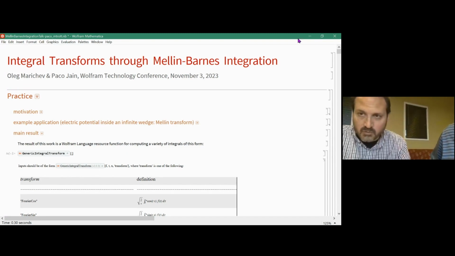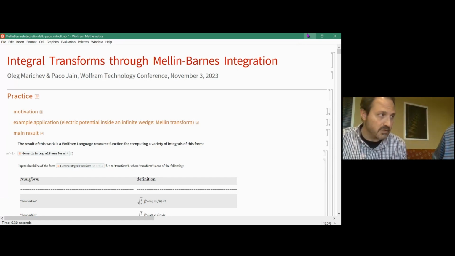But if you go to the web, the WFR function repository, and search for generic integral transform, you'll see the documentation page for this function we've been discussing. And you'll see a red banner at the top that says provisional. What it means is you can try it out and use it. There are still some known bugs, so I didn't want to fully put it out quite yet.